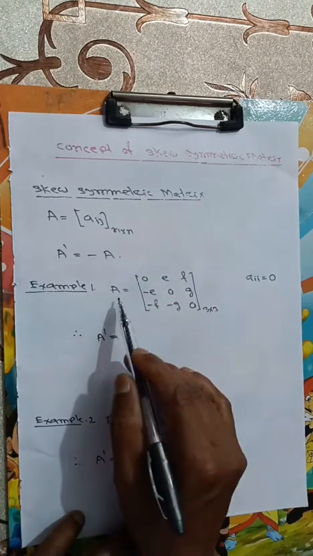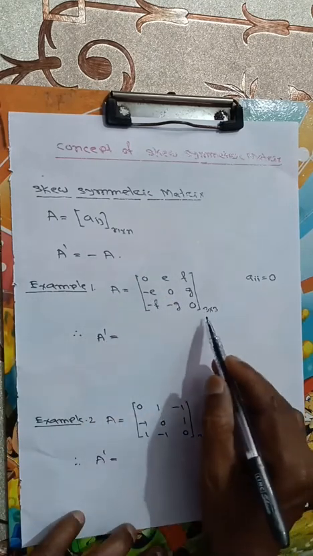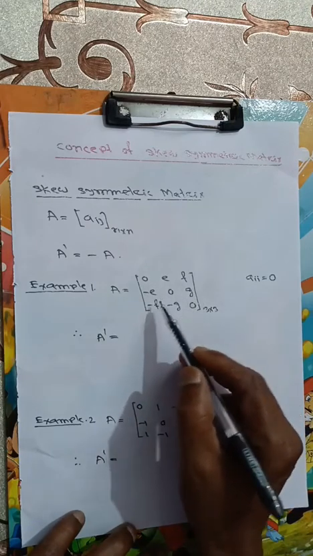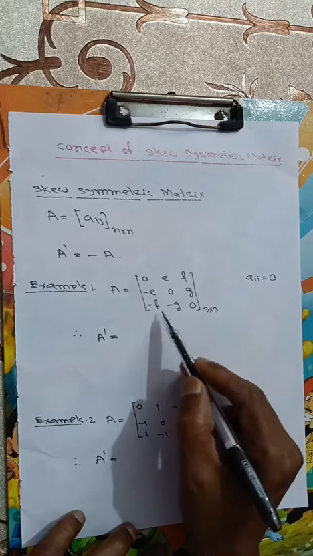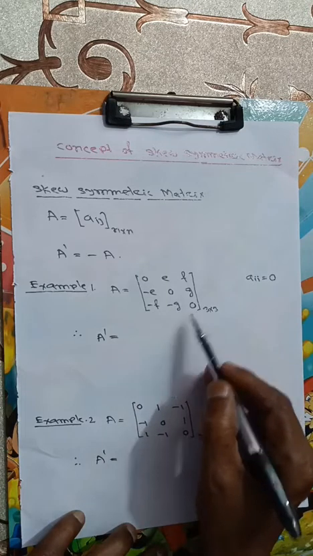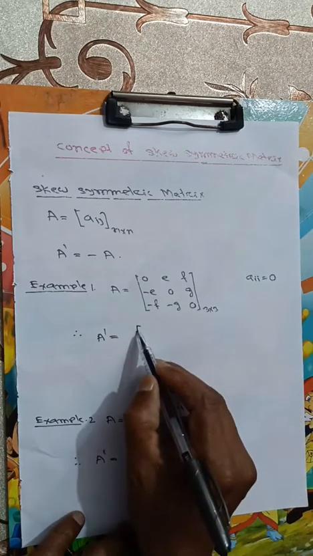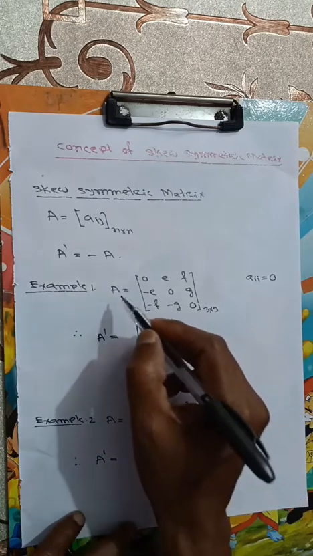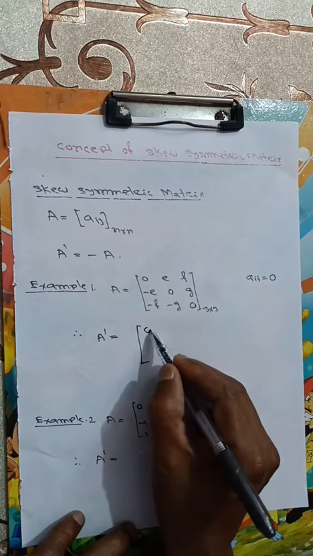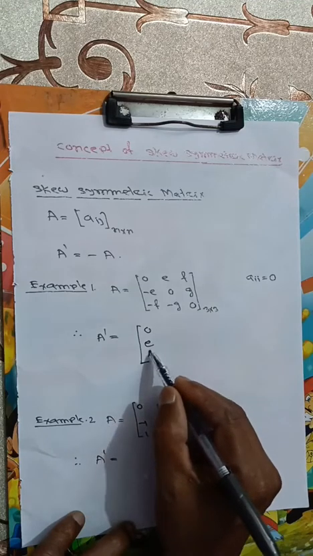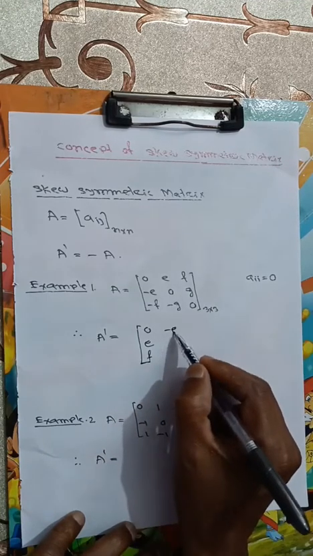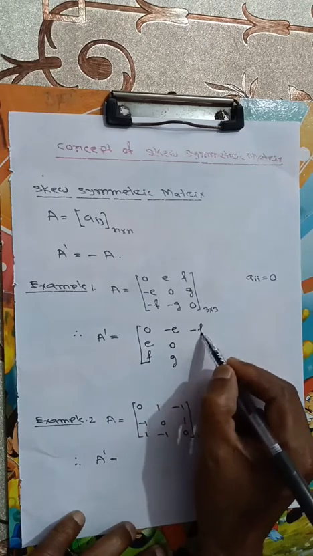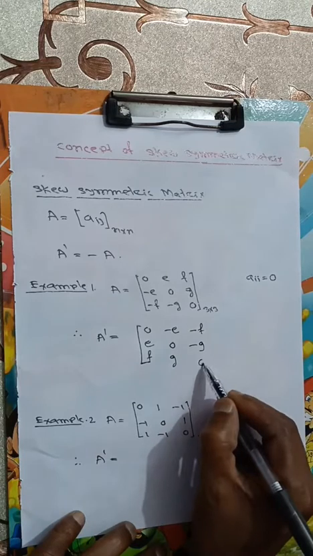For example, take A as a matrix of order 3 into 3: 0, E, F, minus E, 0, Z, minus F, minus Z, and 0. If we find the transpose of this matrix, then we get 0, minus E, minus F, E, 0, minus Z, F, Z, and 0.